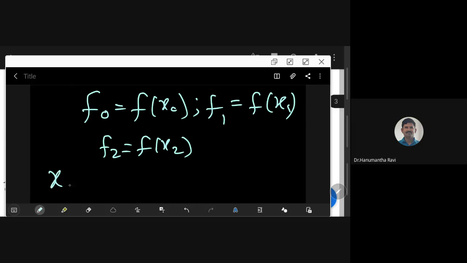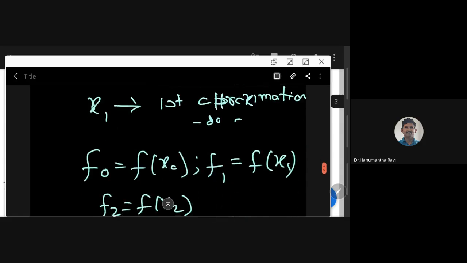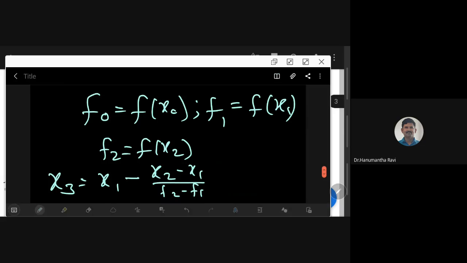So you can get the third approximation as x2 minus x1 by f2 minus f1 into f1.